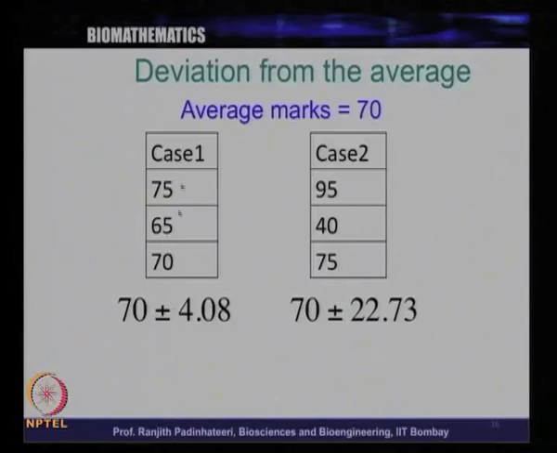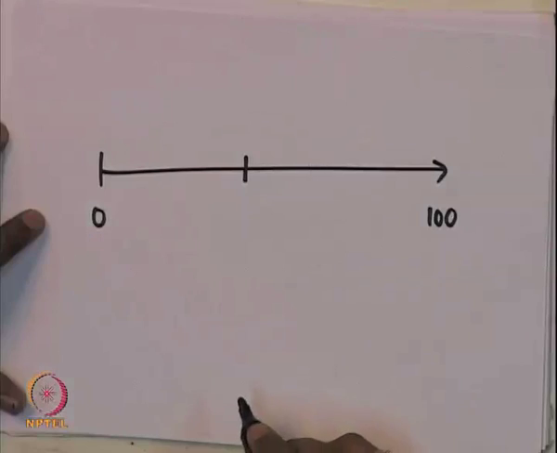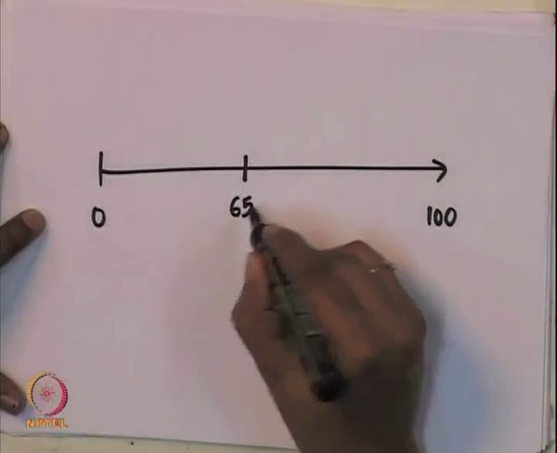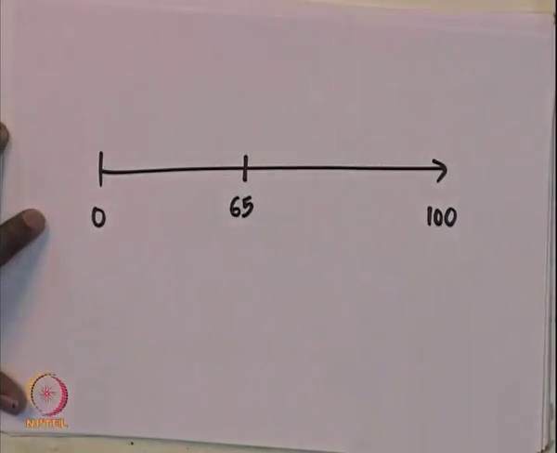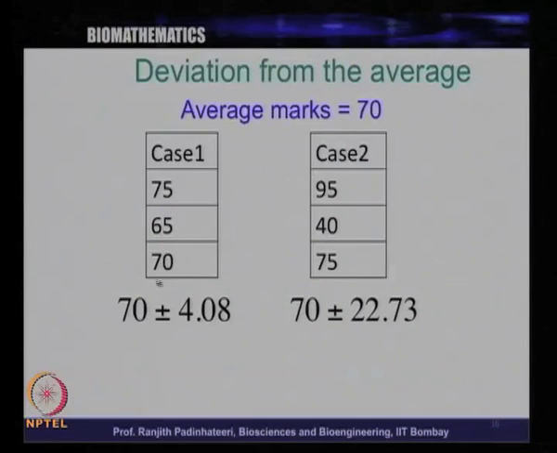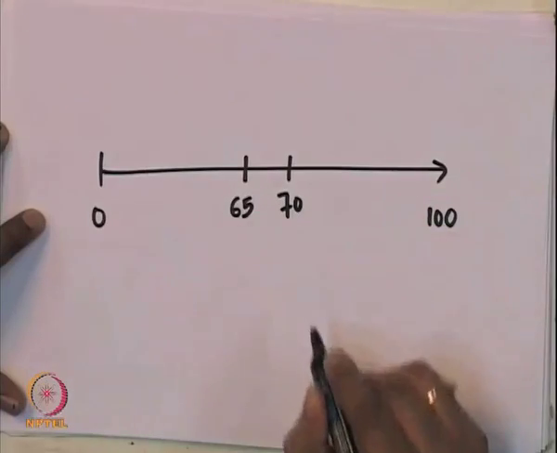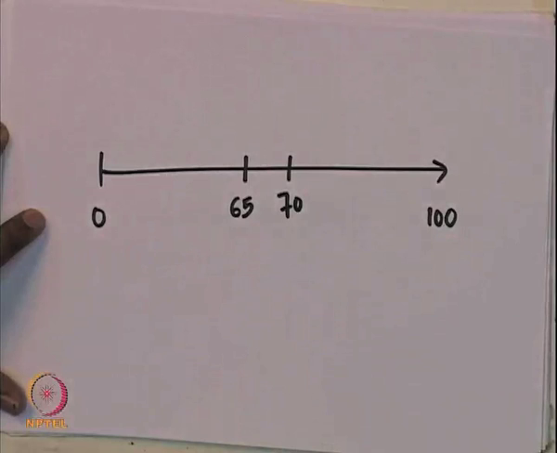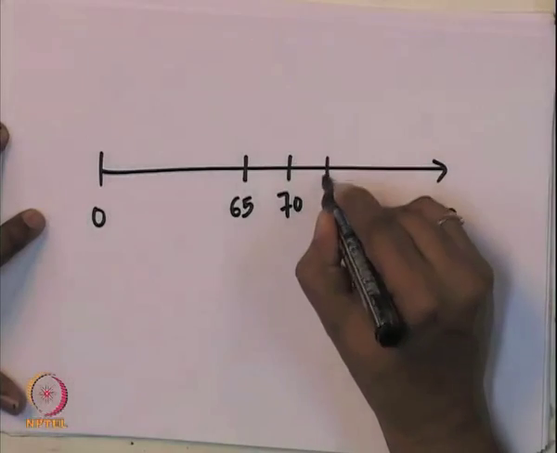Let us take case 1 here. Let me mark this 65, and then there is a 70, so let us mark a 70, and then there is 75.